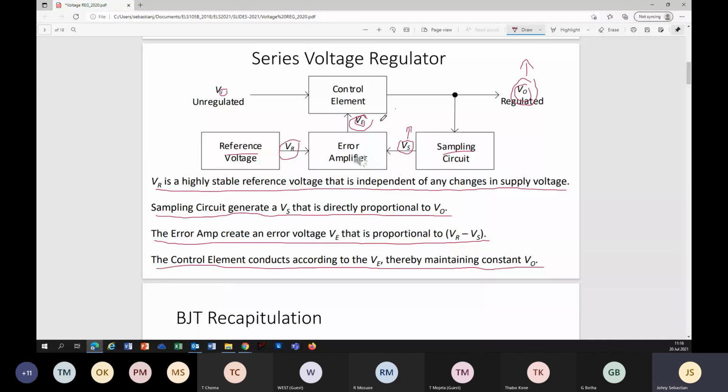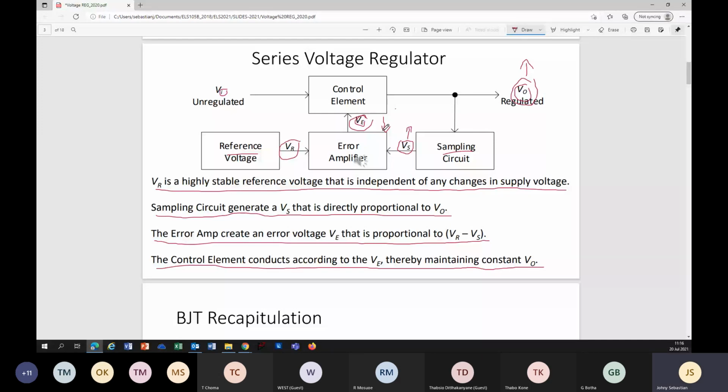I want you to answer that question. So it's going to decrease. Yes, VE is going to decrease. V0 is increasing, V sample is increasing, VR is constant. Error voltage becomes smaller.